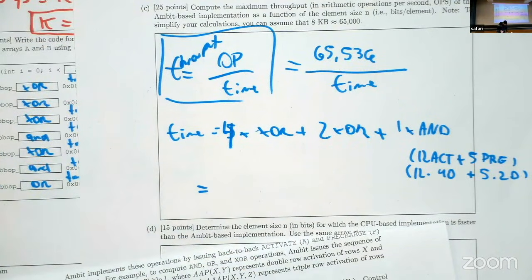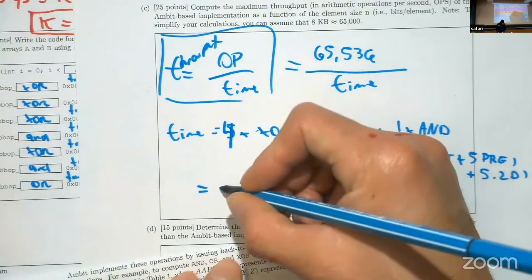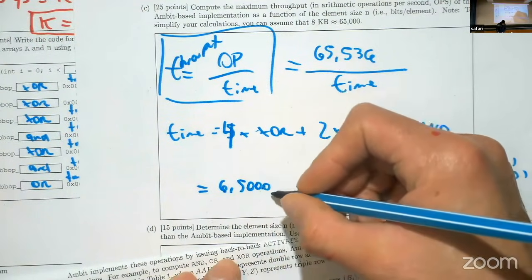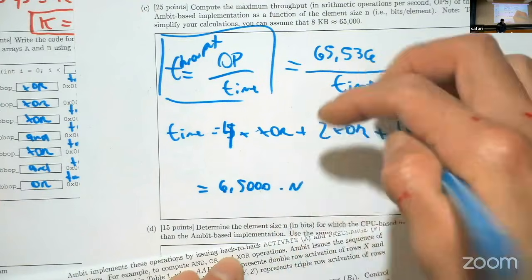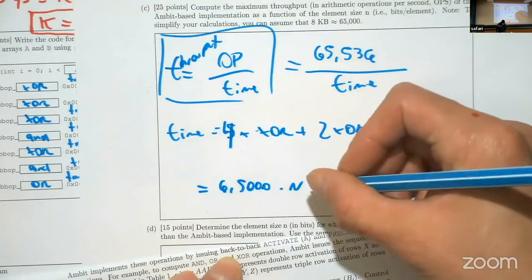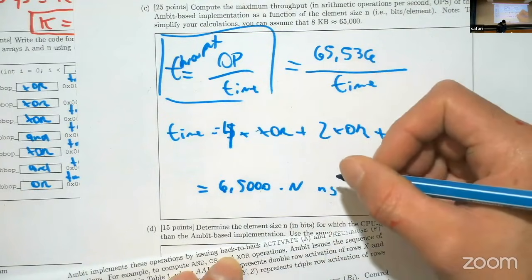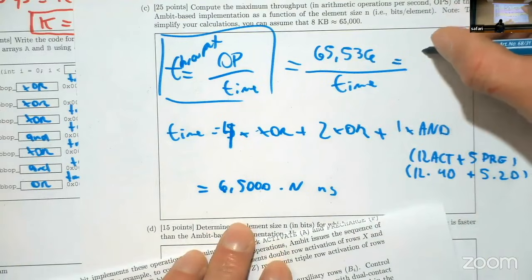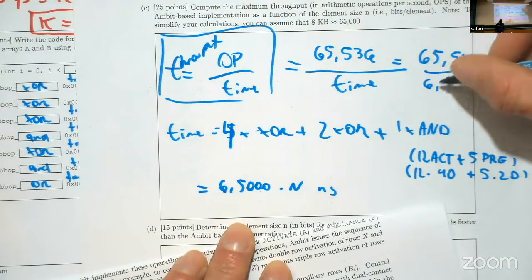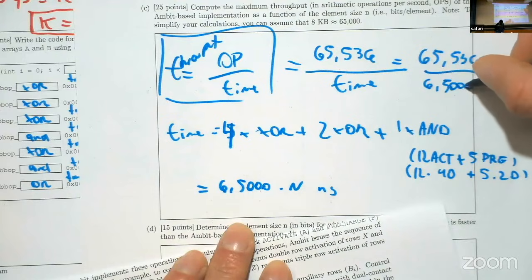This is going to give 6,000 times n. Don't forget the n because it's asking as a function of n. In nanoseconds. So basically you put 65,536 divided by this times n.